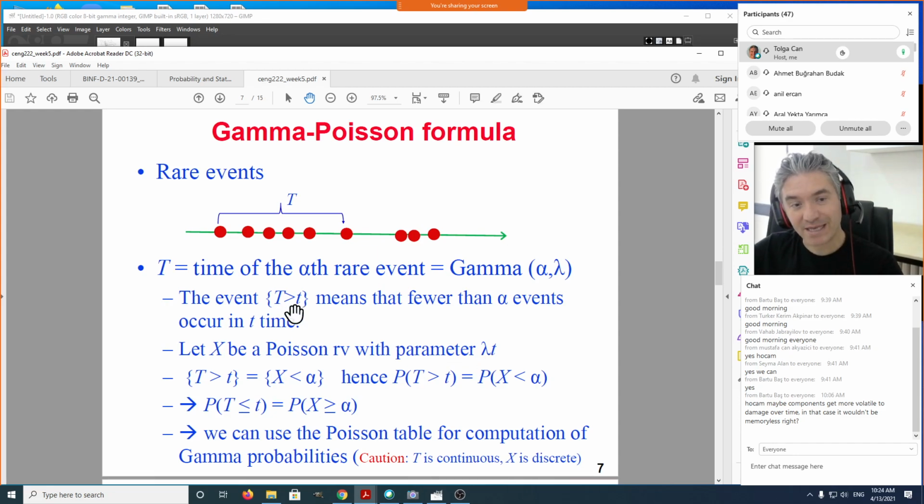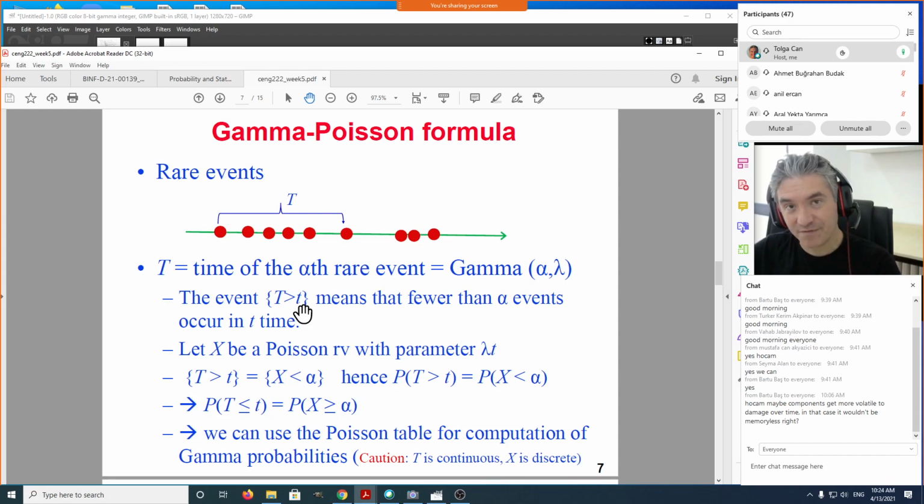What's the probability that my random variable T is greater than 10 minutes? When I'm defining my Poisson random variable, I have to say how many events occur in 10 minutes. What is that Poisson random variable?